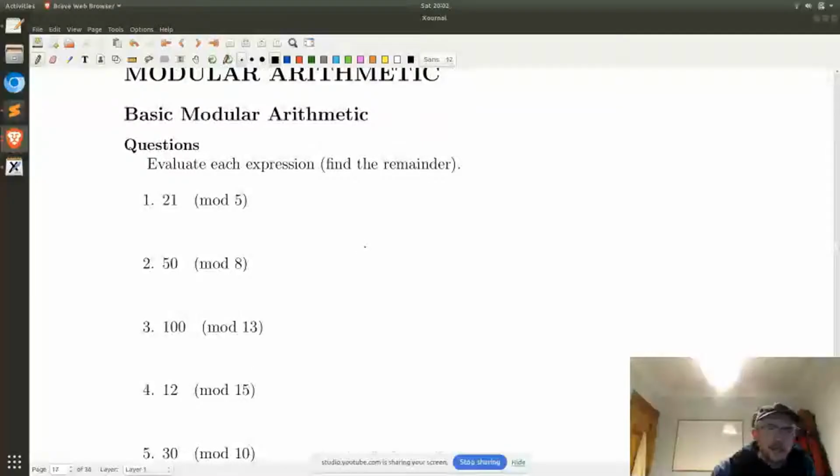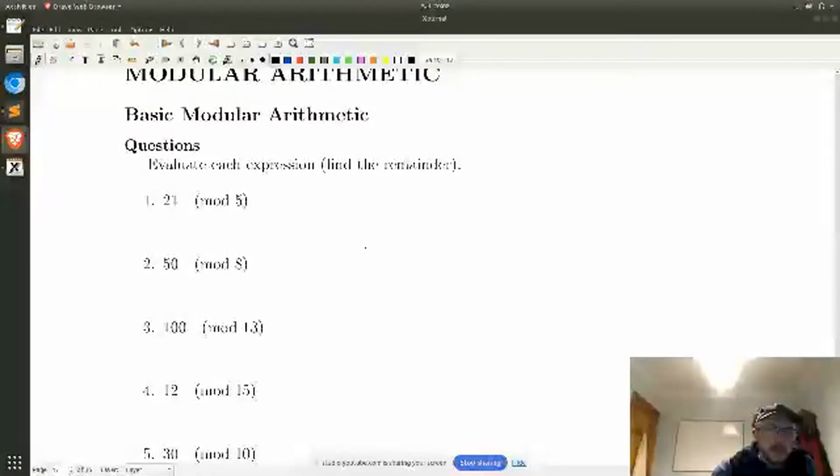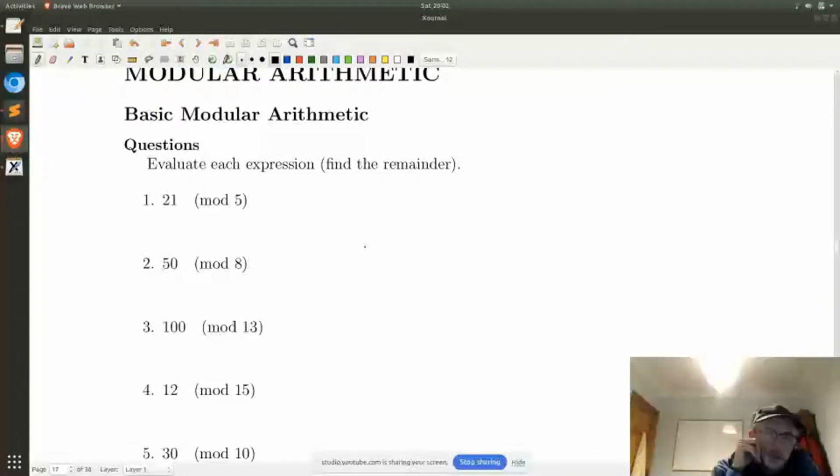Okay, so I'm glad I practiced that alternative notation before, because now it looks like there's some of that here. Evaluate each expression and the remainder.